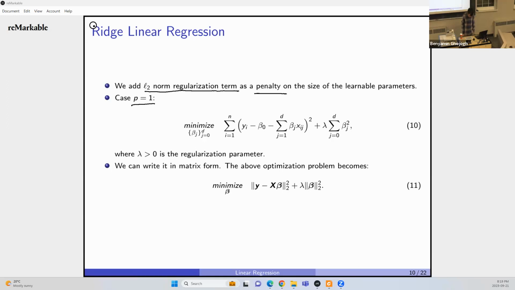This is exactly what we had in linear regression, the actual cost. Now I add a regularization term, which is a squared L2 norm, because the square root goes away. And this lambda is a regularization parameter, and it must be greater than 0. Why? Because I'm minimizing this. If lambda is negative, this minimization becomes maximization.